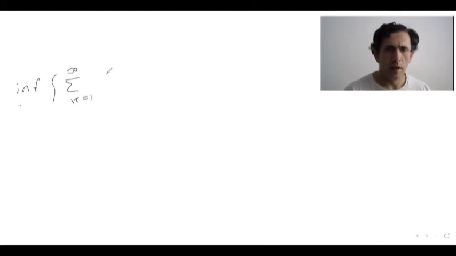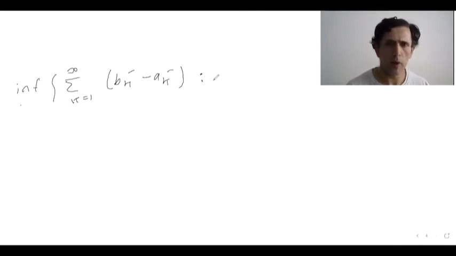I'll explain this a little bit more in a moment. So it's bk prime minus ak prime, where a plus x is covered by ak prime, bk prime.